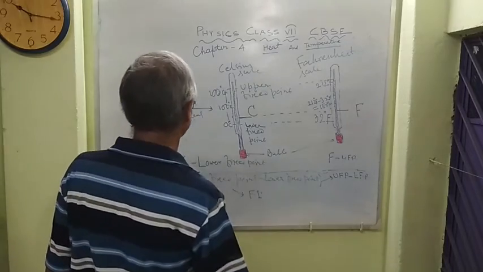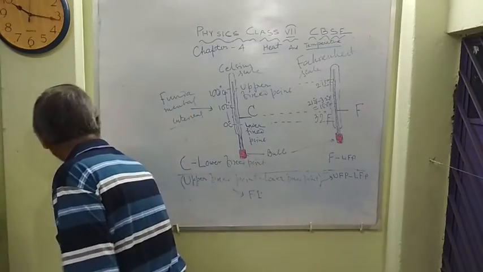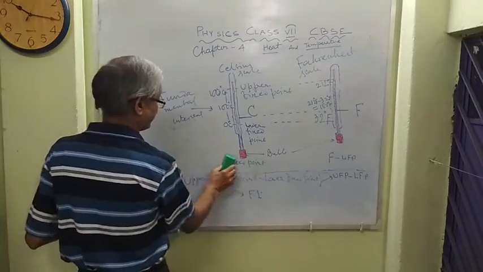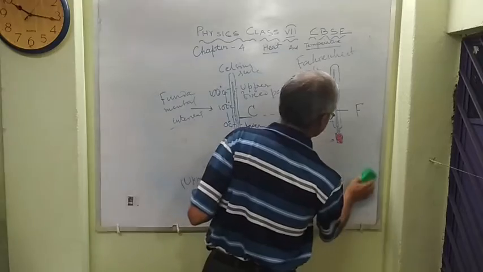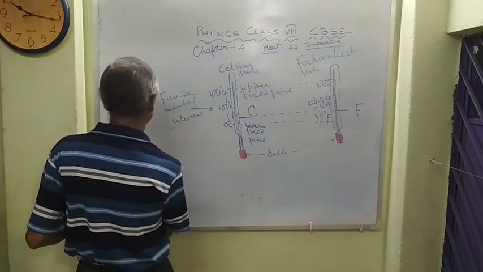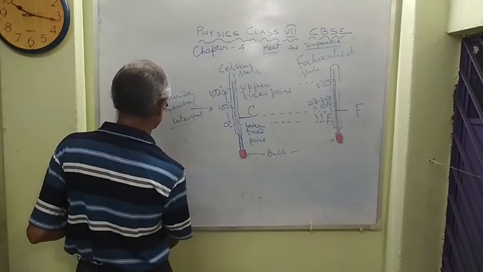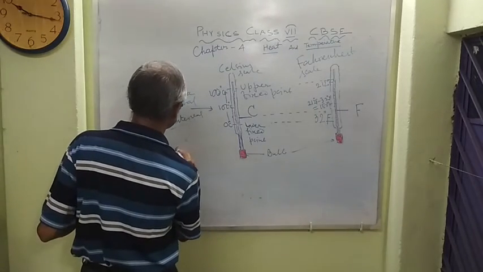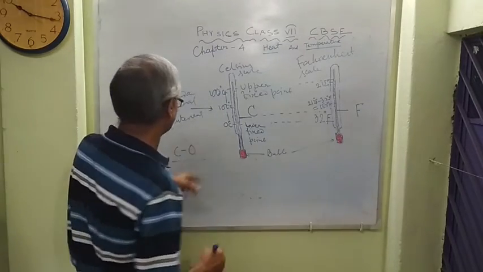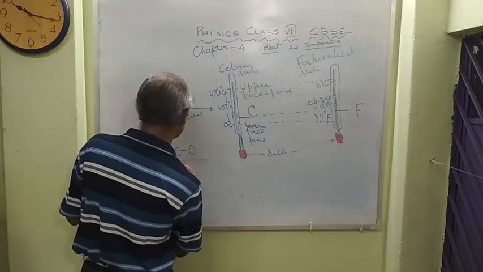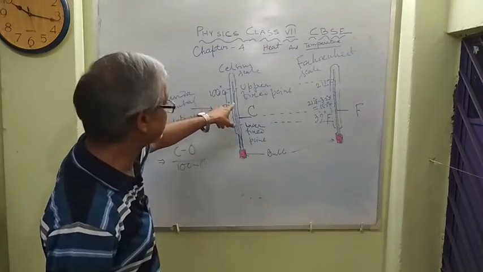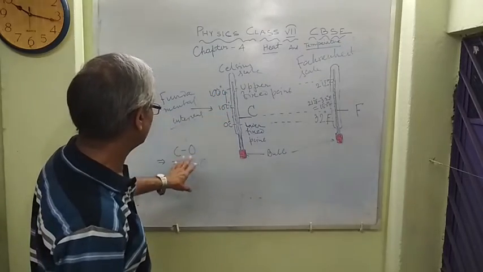Now, what is the lower fixed point in the case of Celsius scale? We write it in this way. After this equation, we have C minus 0 degree, obviously, 0 by 100 minus 0, that is fundamental interval, that is upper fixed point minus lower fixed point.